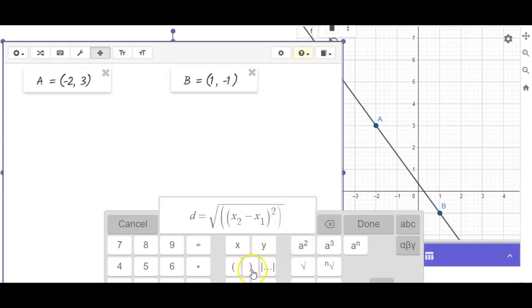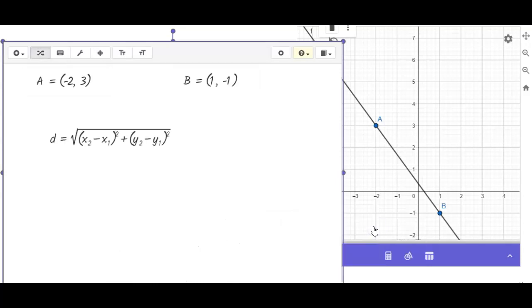Then we will add, open parentheses, y sub 2. What that means is the second y value minus y sub 1, which is our first y value, or the y value of our first point. And we're going to square that one also. Once we're done, we press done, and we have our equation.